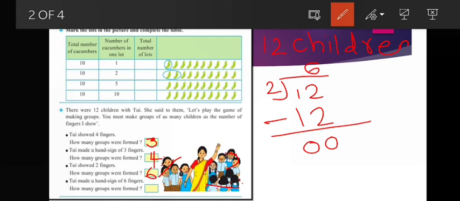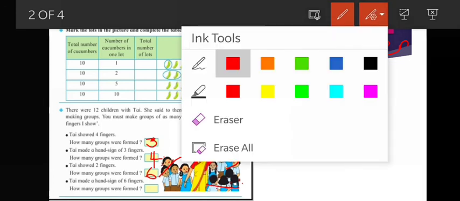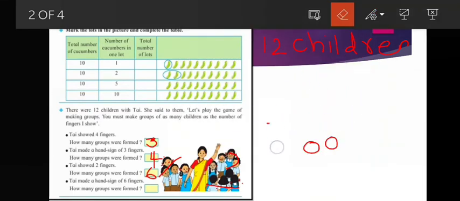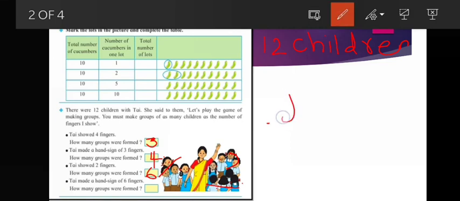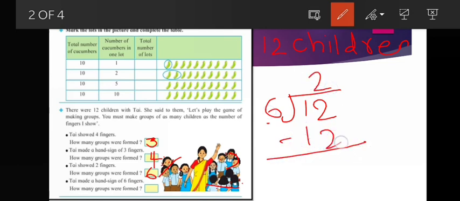Then Tai made a hand sign of 6 fingers. So for 6 fingers, how much it's going to be, children? If 12 children are there and Tai showed 6 fingers, so 6 1s are 6, 6 2s are 12. So each group will have how many children? 2 children. Okay.